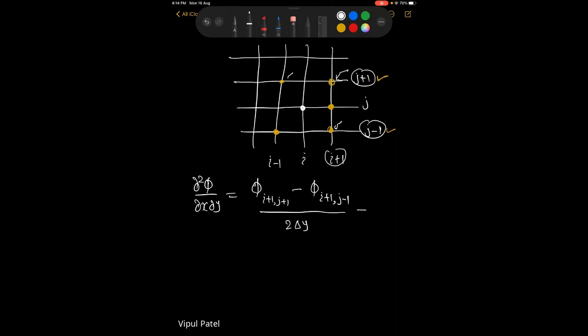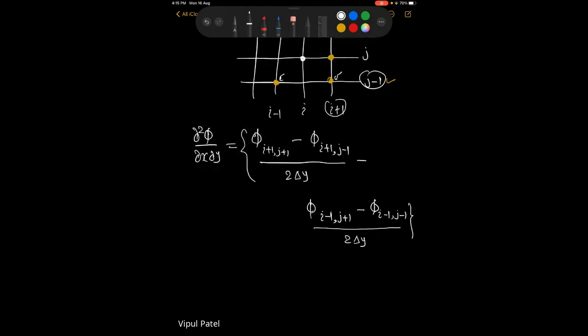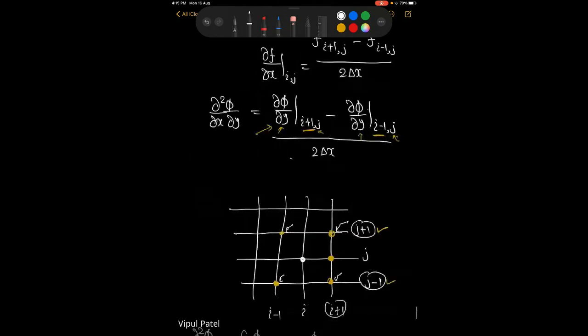Similarly, if I take these two nodes, the coordinate of this node is I minus 1 j plus 1, and of this node is I minus 1 j minus 1. So my equation is phi I minus 1 j plus 1 minus phi I minus 1 j minus 1 divided by 2 delta y, right? And obviously the whole thing will be divided by 2 delta x, because that was already there. We have just replaced the numerator term.